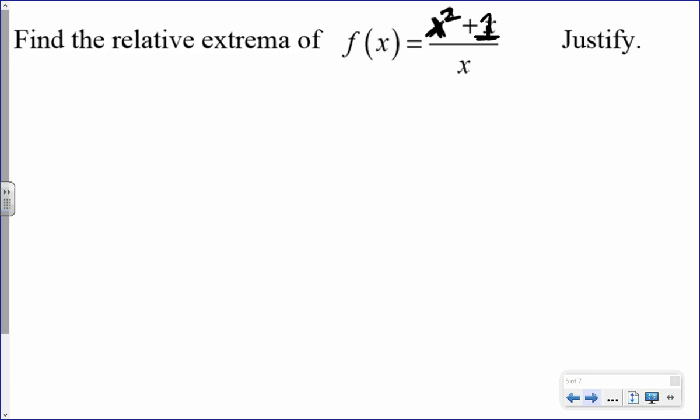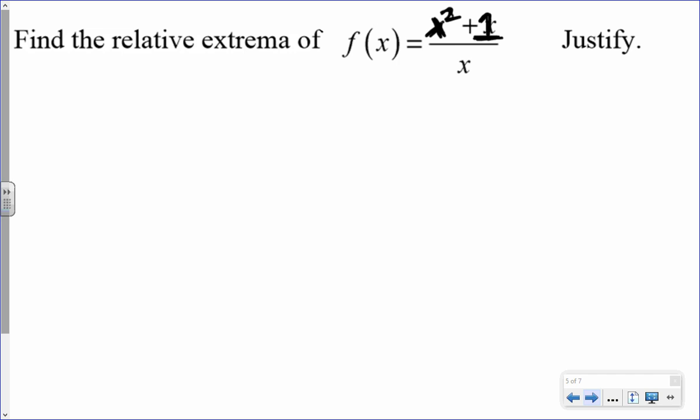So I want this to be x squared plus 1 over x. That must have happened on this notebook file. X squared plus 1 all over x is what I want that to be.